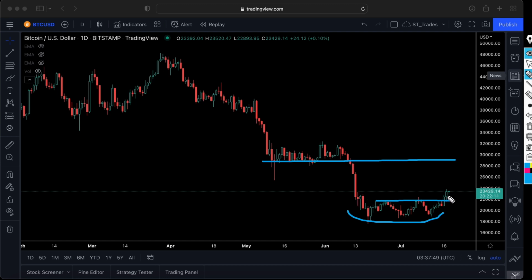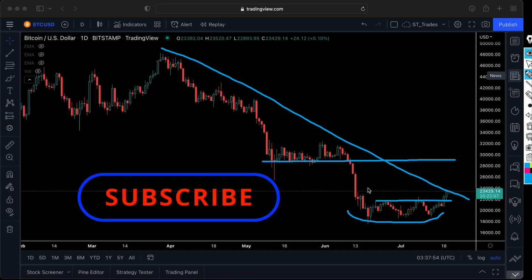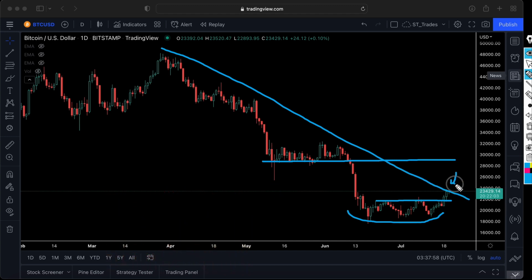But remember, these things are volatile. They still have this sort of downtrend line. Once we see Bitcoin trading above this level, then we can have a bit of confidence that it can go to 30,000 per coin. But this is just speculation. Don't go all in on these coins, because if the price starts to go lower, you can easily lose money.